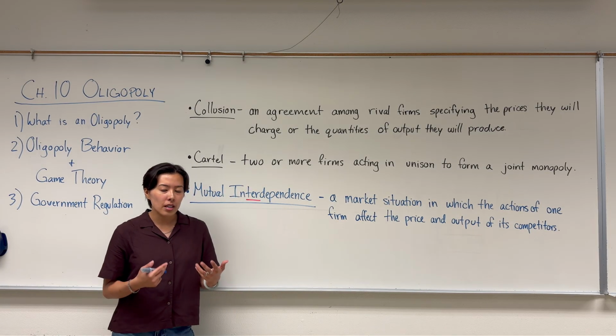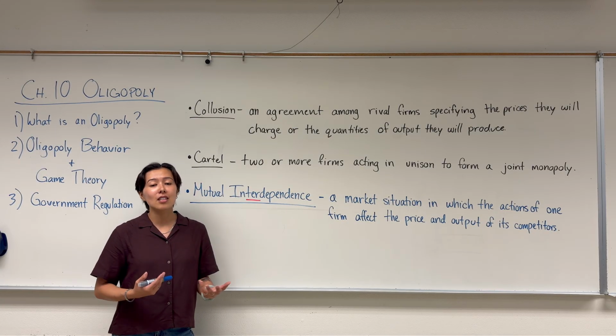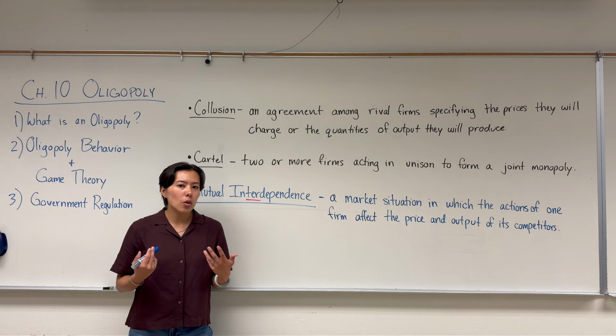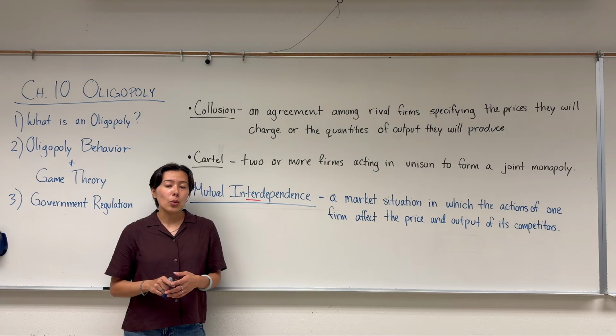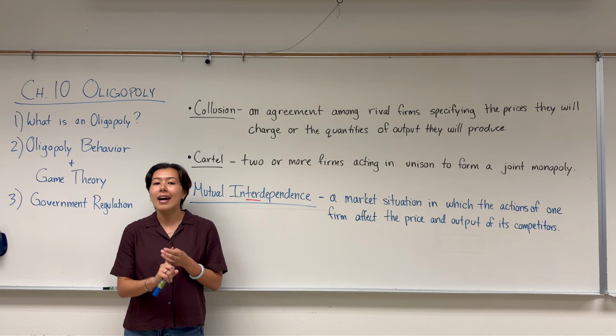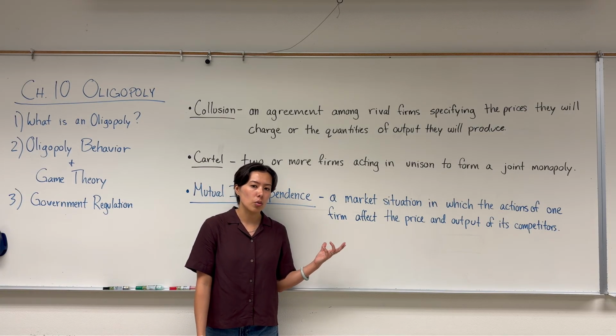So any firm in an oligopoly is going to be very mindful of the decisions that its rival firms are going to make. So whenever an oligopoly firm is making a choice about how much to produce or what price to charge, whether or not to advertise, it's considering what its competing firms might also do.